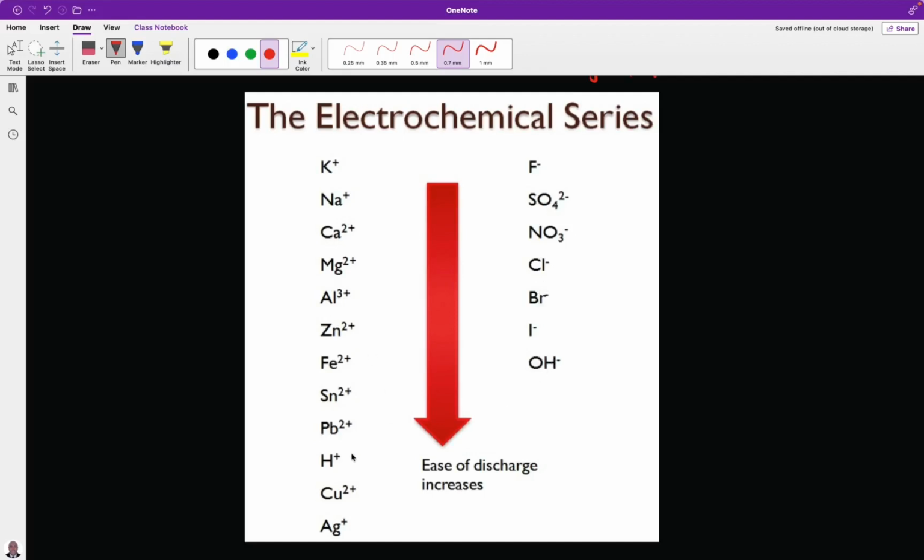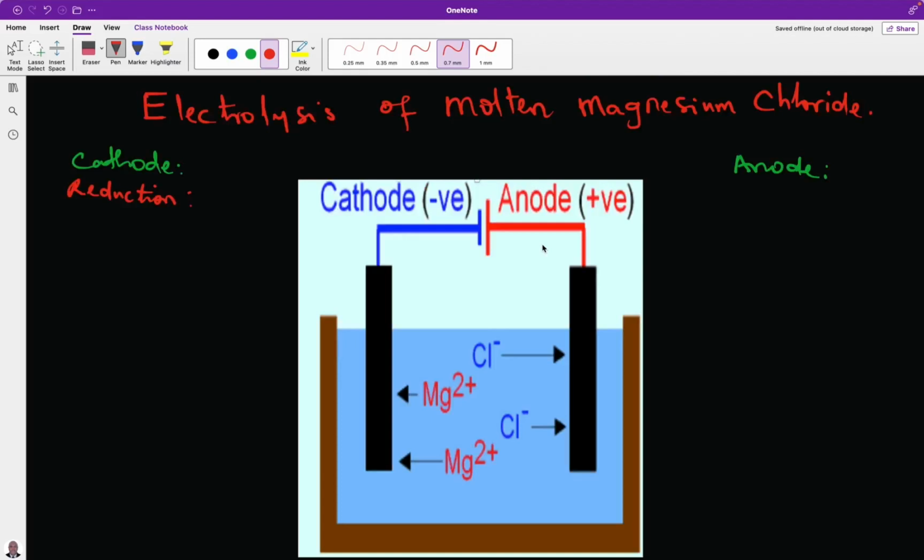Just as I said, copper will have priority over hydrogen ion. So their position in the electrochemical series determines which ion is discharged and gains electrons.